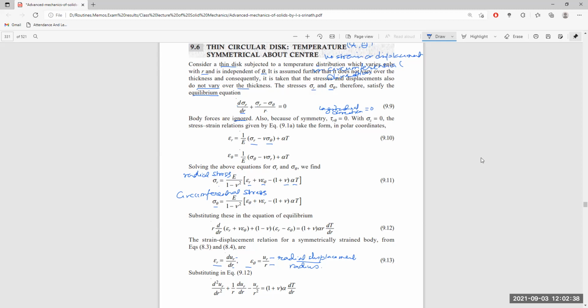So here we have a differential equation of second degree: d square u by dr square plus 1 by r du by dr minus u divided by r square, equal to 1 plus mu into alpha into dT by dr itself.